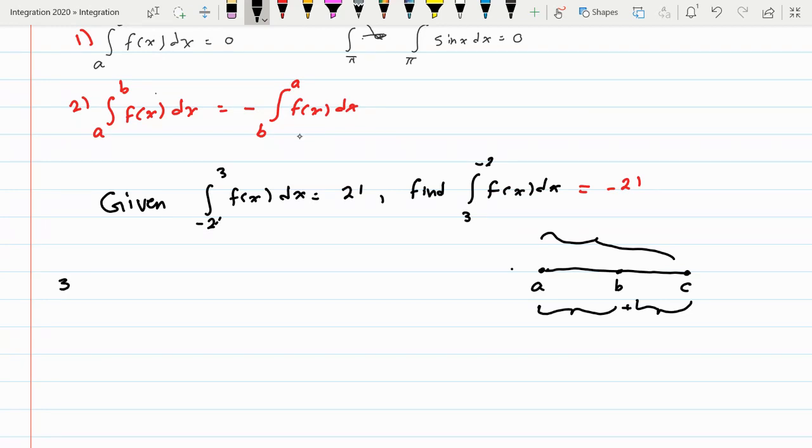The third property of definite integrals is that the integration from a to c of f of x dx equals the integral from a to b of the function plus the integral from b to c of f of x dx.